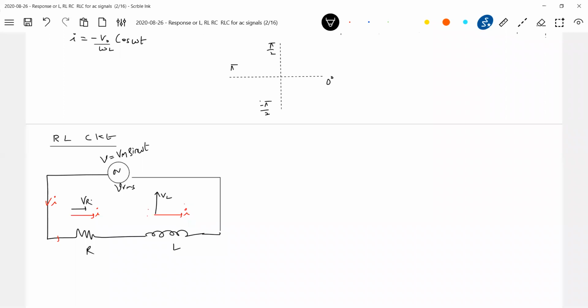And anything which is having a phase difference of 90 degrees should be directed vertically. So now, according to the convention, let's assume that the phase of current, let it be 0. I'll write it nearby. What is the magnitude I, and the phase angle of it will be 0 degrees. Will you agree? Then the applied voltage, I don't know its phase, that has to be determined.